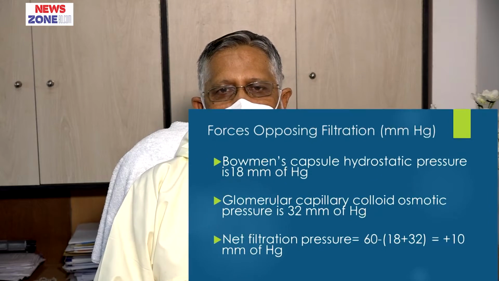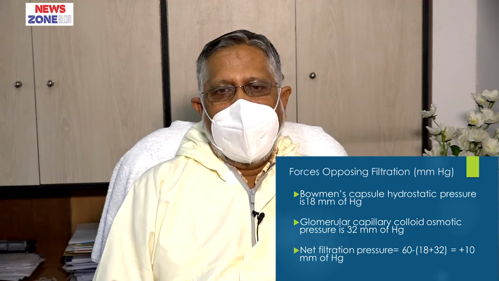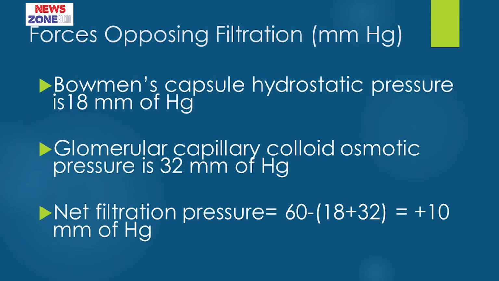Glomerular hydrostatic pressure tries to force fluid into the renal tubule, but the colloidal osmotic pressure tries to keep the water inside the glomerulus, within the blood vessels. This is the oncotic pressure, and it is 32 millimeters of mercury.